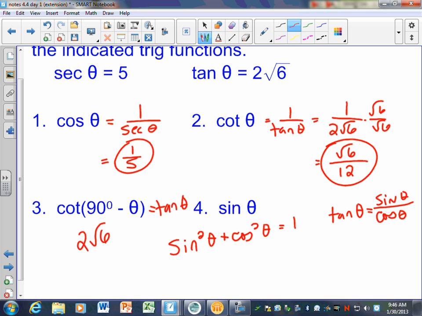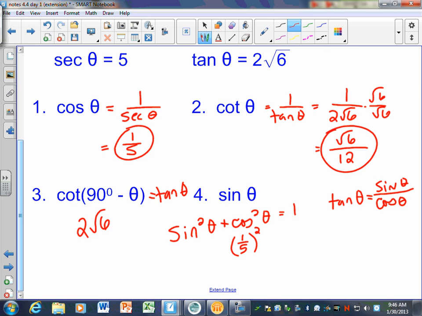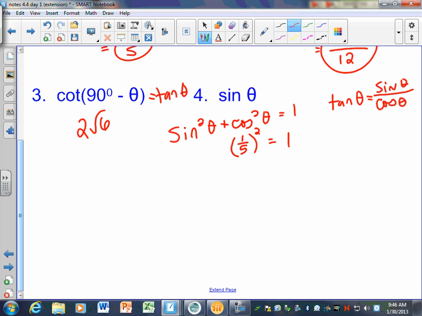FYI, if you do this one, when you plug in the number, like when you plug in 1/5, you're really plugging in 1/5 and then you're squaring it. That's what cosine squared means, so just throwing that out there if you want to do that one. How would you square 1/5? Oh, well, I plugged 1/5 in. Alright, let's just do both. I'm trying to solve for sine, right?